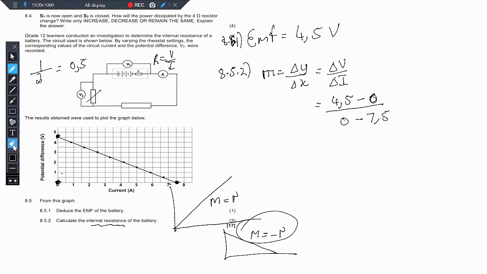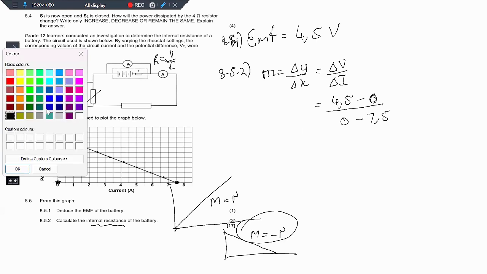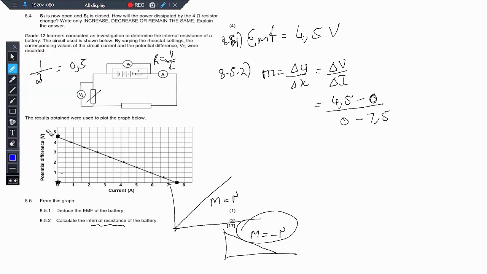So I'm simply using this. Let me indicate so that no one is lost. This is my y2 and this is my y1, right? And this is my x2 and this is my x1. So we know that it's y2 minus y1 over x2 minus x1. Now to calculate, simply punch all of that into your calculator.